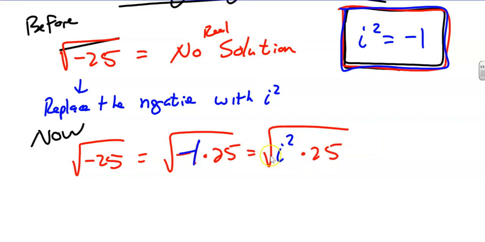Okay, and if you take the square root of i squared, just like when we were solving and took the square root of x squared, a square and a square root cancel each other out. This would just be i. If you square root 25, that would be 5. So it's i times 5. And again, we always put the coefficient first. So if we rewrote this one, this would be 5i.